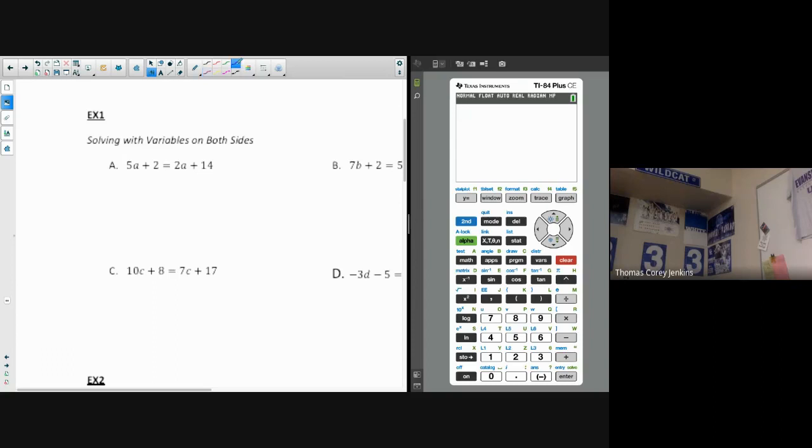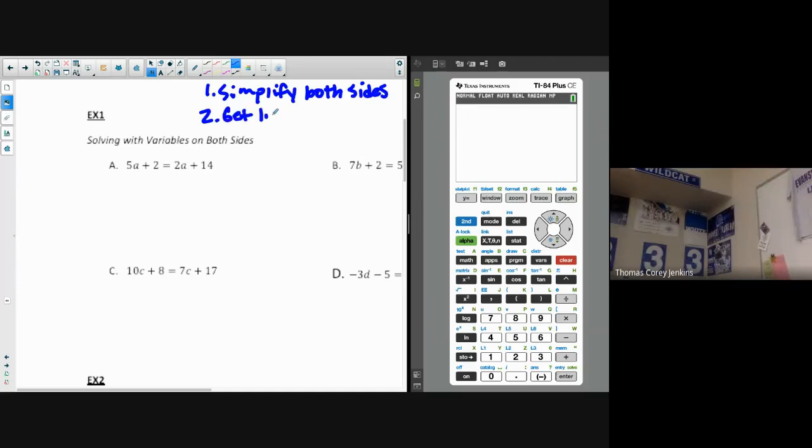Here's kind of a checklist you can use to solve, right? So you want to, if necessary, simplify both sides. We won't have to do that step much, if any, in this lesson. And then step 2, we'll have to do a lot of this. Get variables to one side.